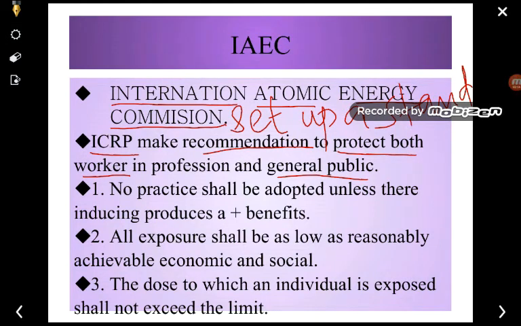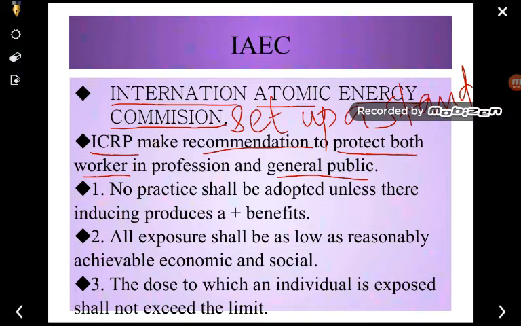So the International Atomic Energy Commission sets up certain guidelines, and ICRP checks whether these guidelines are followed or not. And ICRP follows general principles that were set up in 1980.